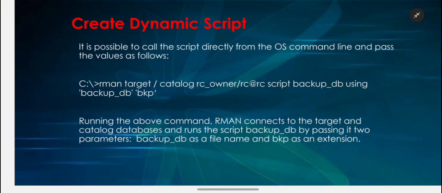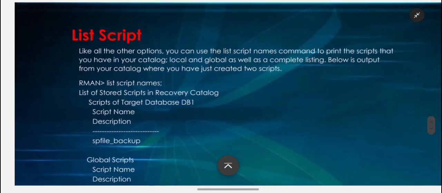We have to mention the word script and then the script name backup_DB using, first parameter in single quotes backup_db, space, second parameter in single quotes bkp. Running the above command, RMAN connects to the target and catalog database and runs the script backup_db, passing it two parameters: backup_db as a file name and bkp as an extension.